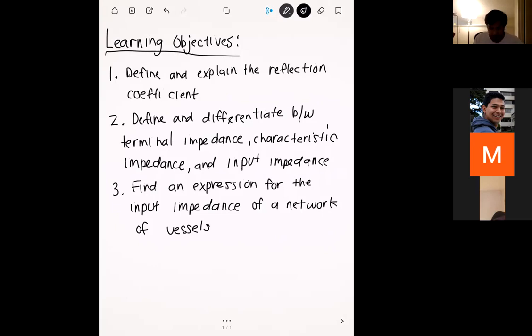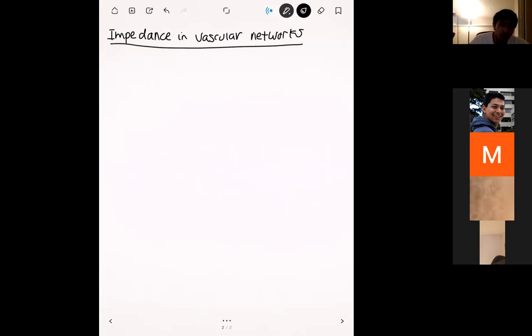Okay. All right. We're going to continue our lecture notes on impedance and vascular networks. Remember, the goal of this unit is to take any kind of arbitrary, bifurcating tree.